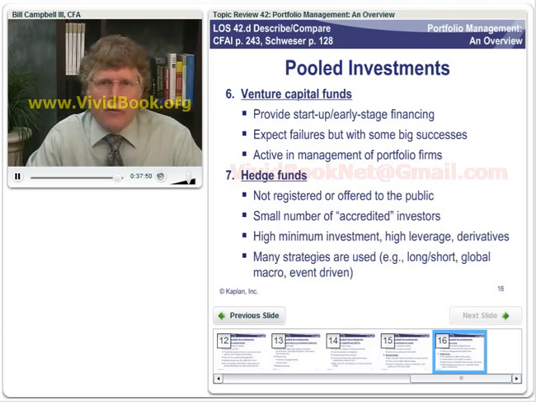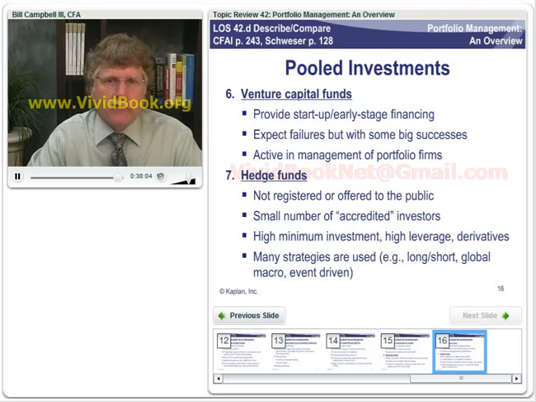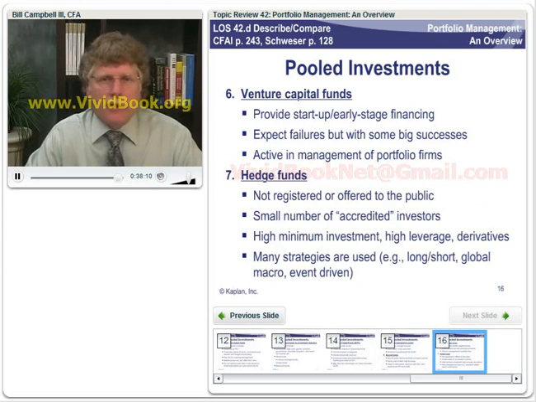A couple of more funds. Venture capital funds. These are funds that typically provide startup and early stage financing for companies. Because they're financing companies that are startups, they expect that a large number of their investments are going to end up worthless. You know, of course, that most small companies that people start end up failing. Only a few of them really succeed.